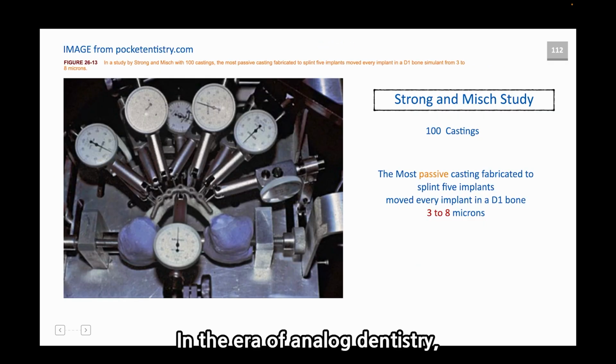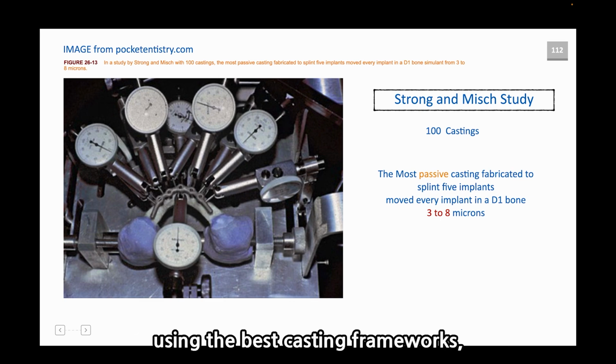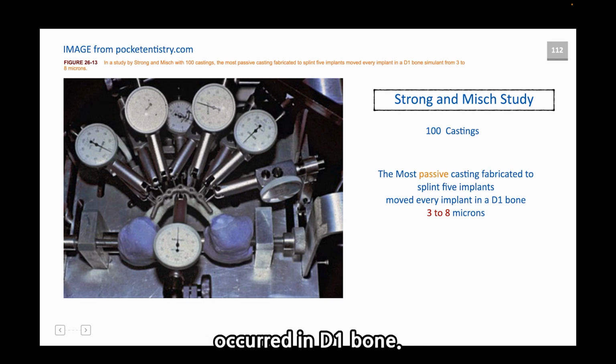In the era of analog dentistry, the study by Strong and Misch reported that using the best casting frameworks, movement from 3 to 8 micron occurred in D1 bone.